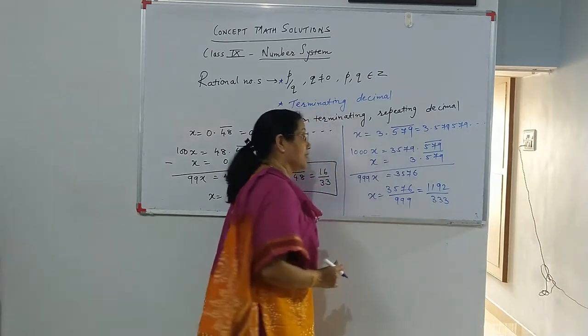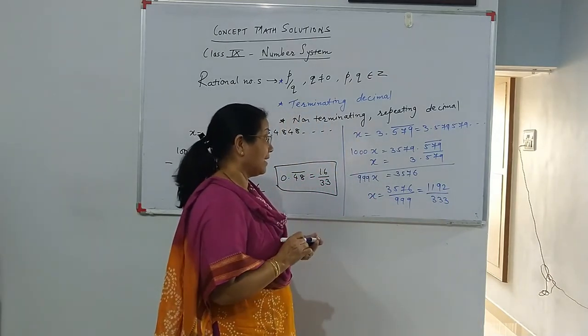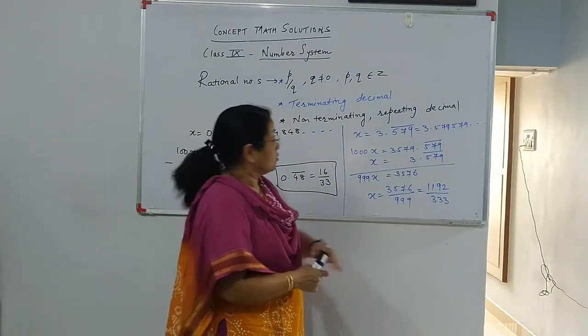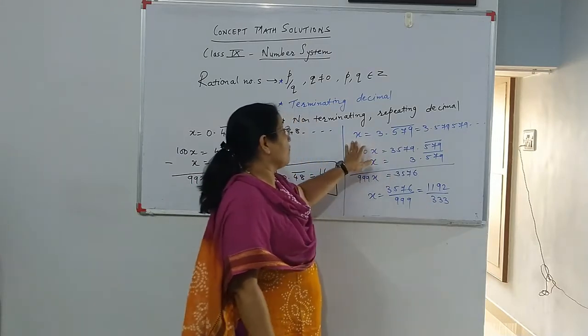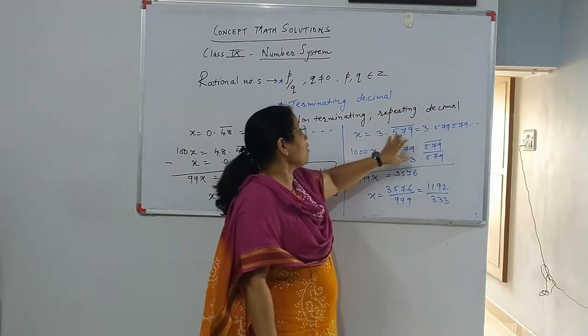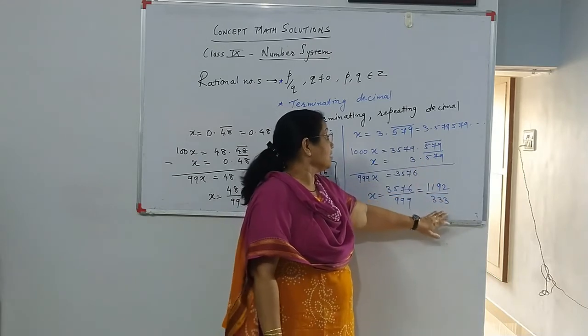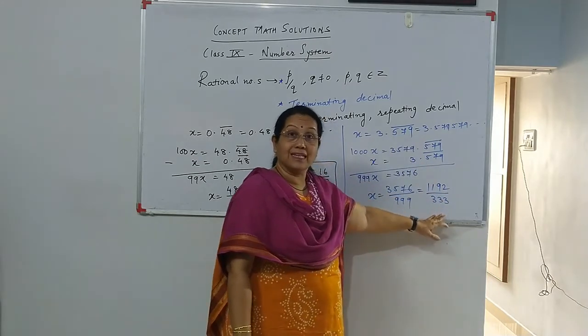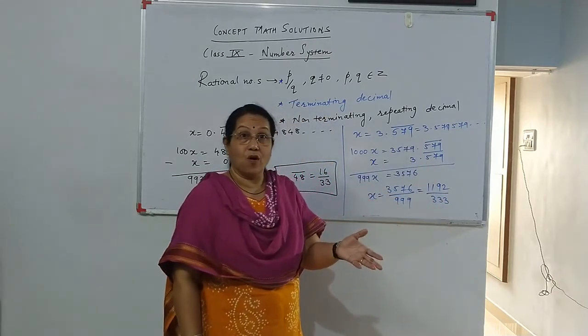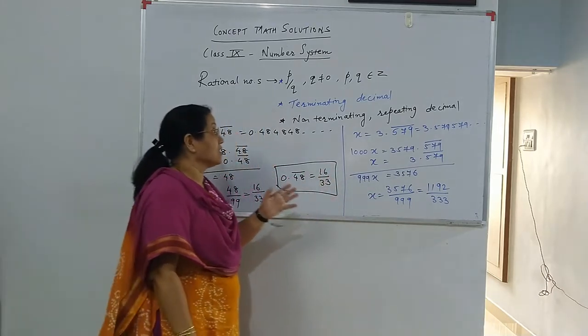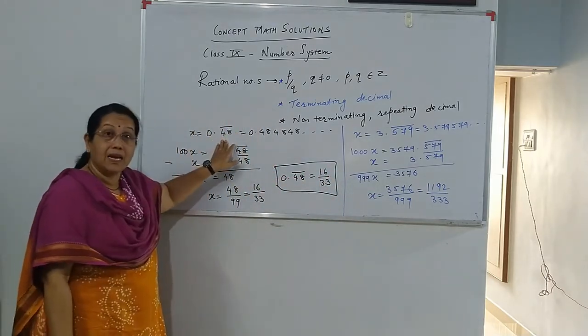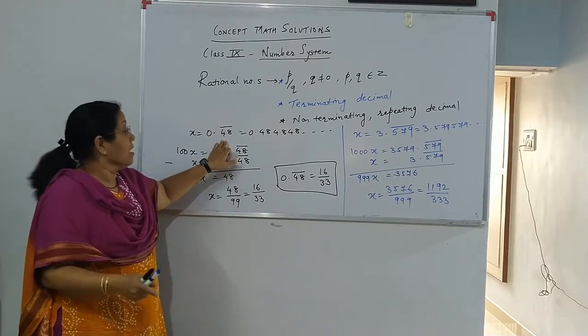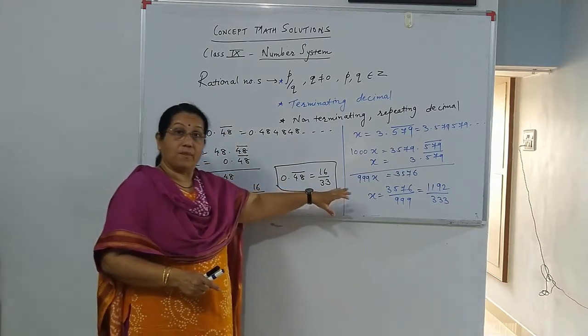Let's check again if it is divisible by 3. No, it's not divisible by 3 and neither by 9. So that is the p by q form. That is, 3.579 bar is 1192 upon 333 in p by q form. We can convert such non-terminating but repeating numbers into p by q form, right?